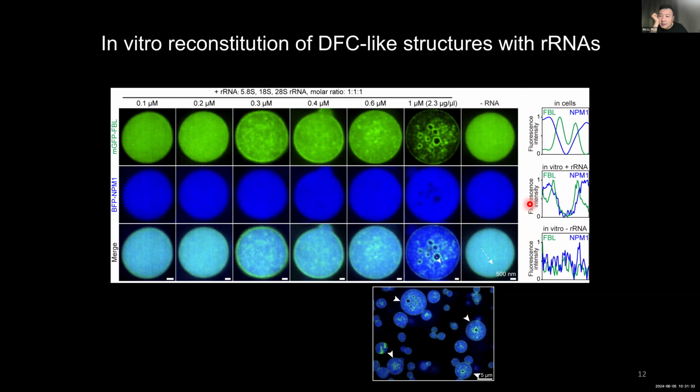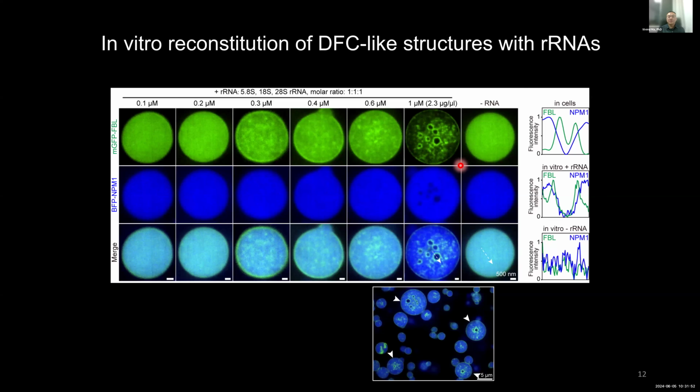Okay, here's a question from Cao Dong. He said, I wonder whether we know if the multi-layer structure is important for nucleolar function? Is the protein from the hollow structure essential?